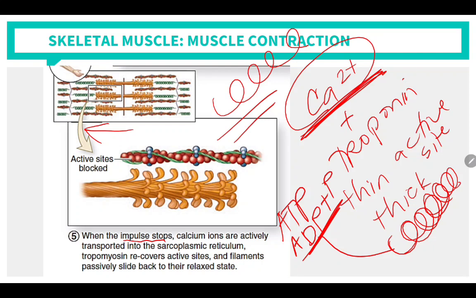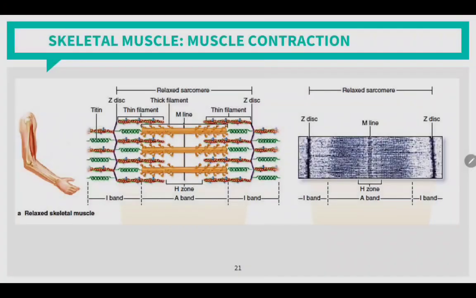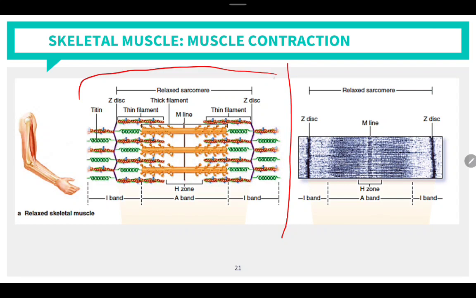So let's have a comparison between the relaxed state and the fully contracted state of the muscle. This is an example of a diagram of our relaxed state. By the way, this is a sarcomere. Where do we find the sarcomere? In the myocyte.